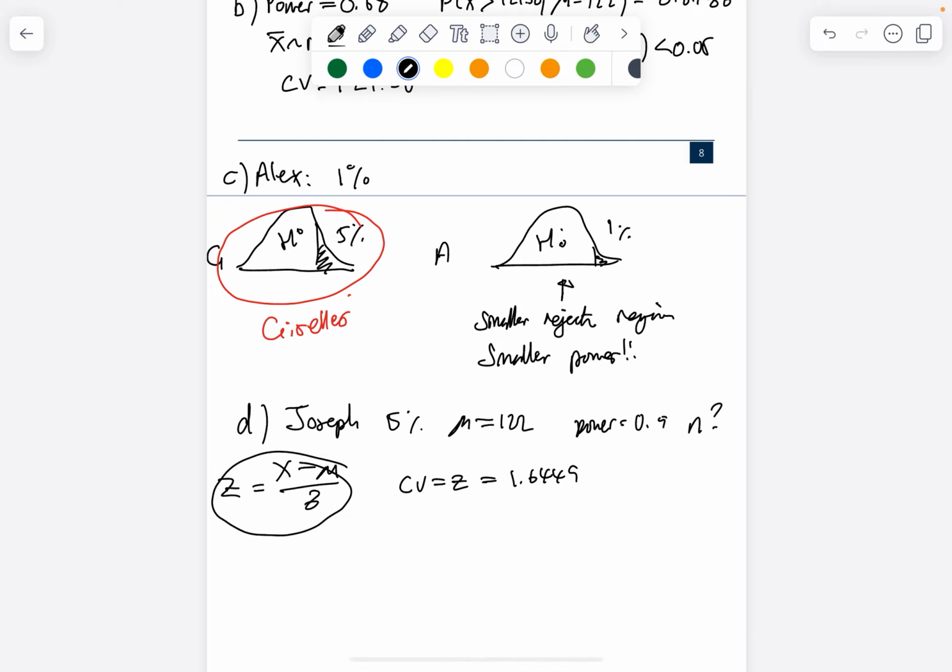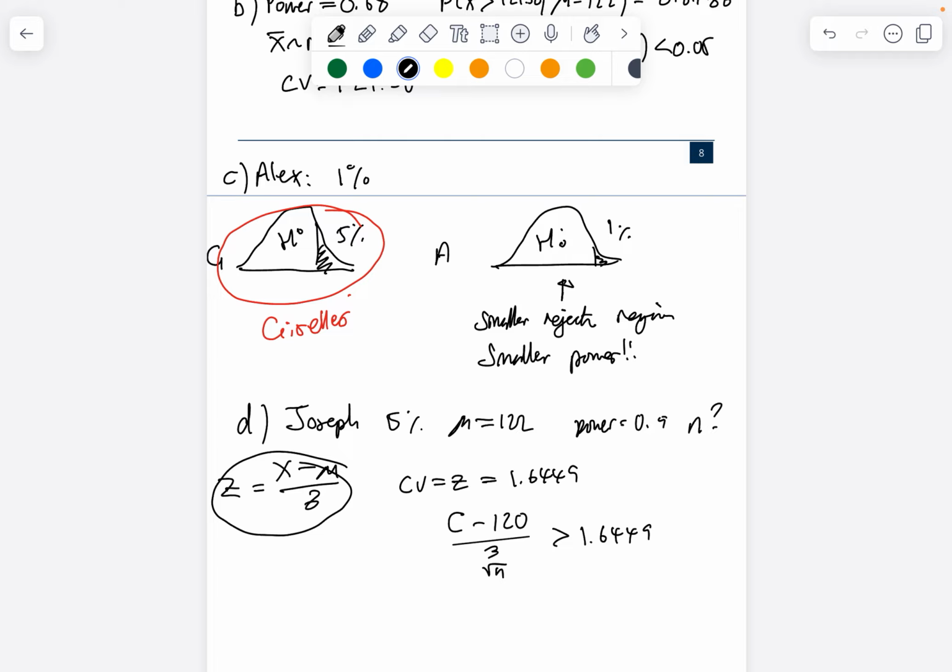Okay, so now that means that I've got some value that I want to find. I'm going to call it C. So C minus 120, which was originally what we thought the mean was, divided by my standard deviation, which is 3 over square root of n, has to be bigger than 1.6449.